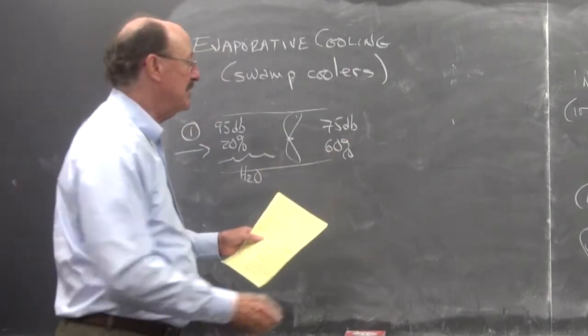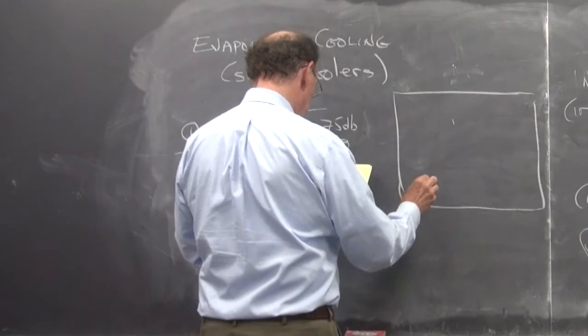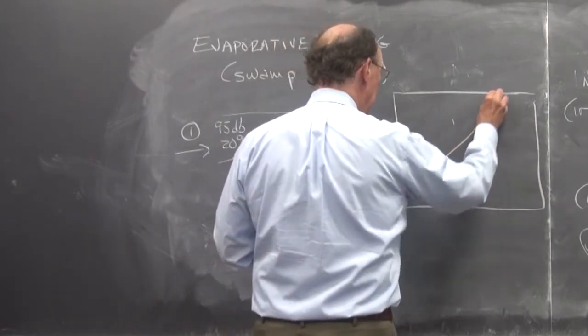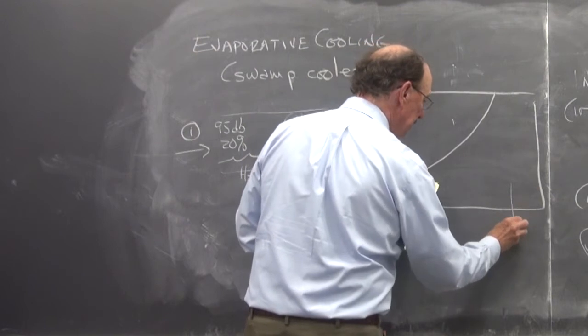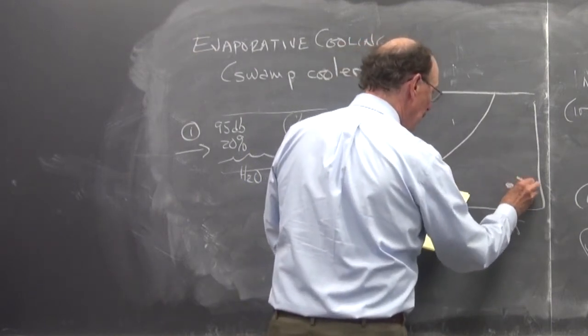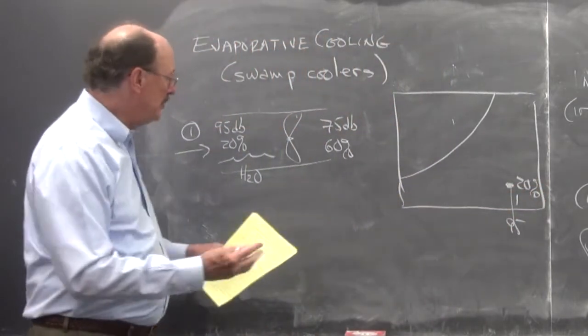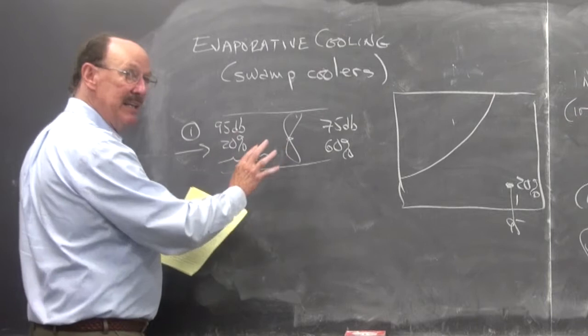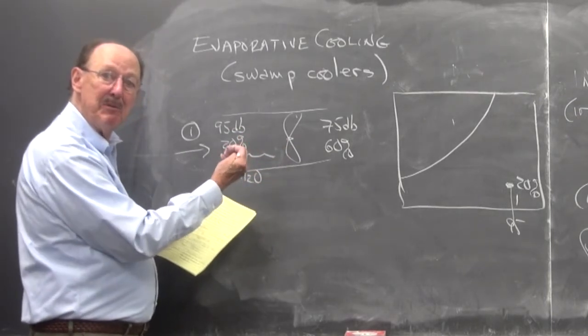And what happens on the psychrometric chart is that I'm starting here at 95 and 20%. So I'm starting here at state 1. Now what I'm doing is evaporating the water. To evaporate the water, it has to take energy from somewhere.